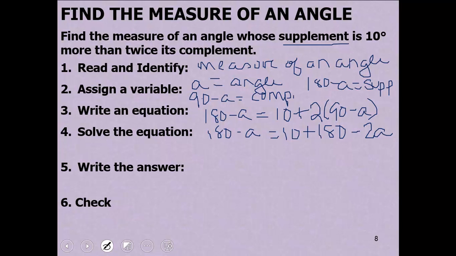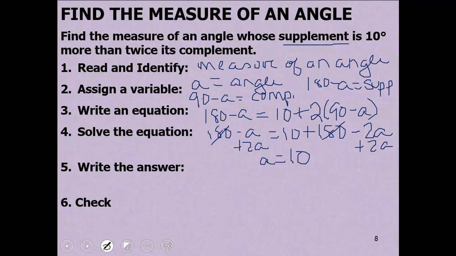All right, so these are going to cancel. I'm going to add 2A over here and 2A over here, and I get A is equal to 10.